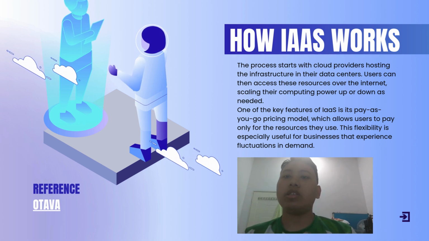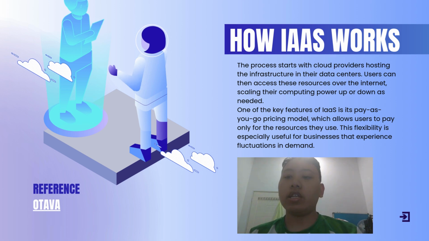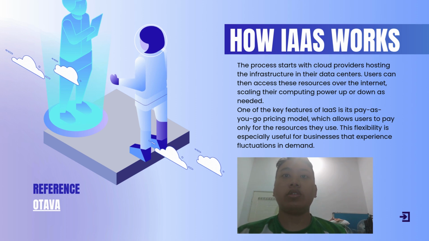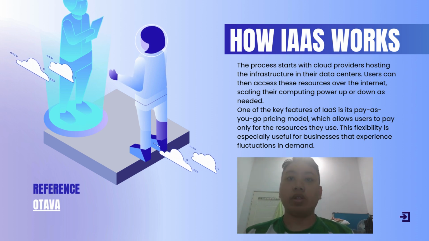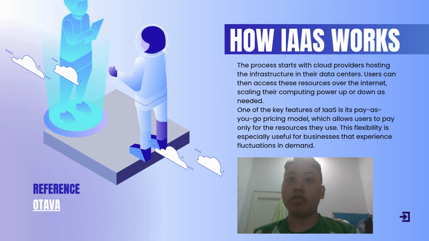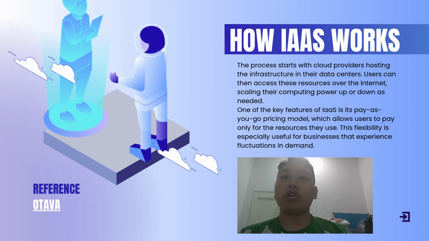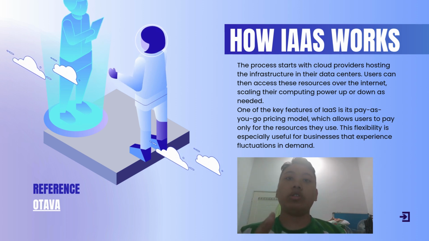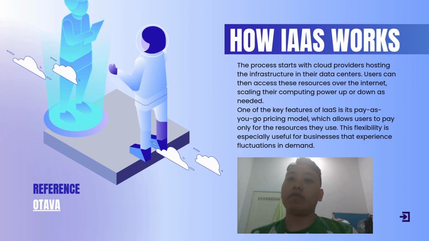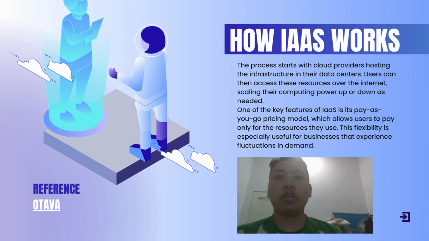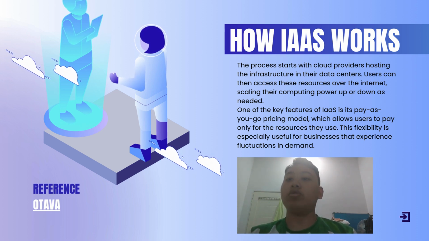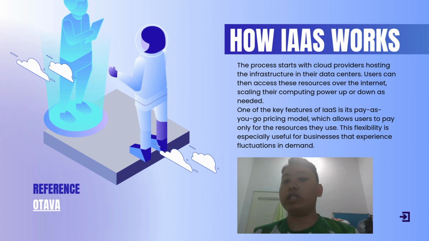The flexibility is especially useful for businesses that experience fluctuations in demand. For example, if a company needs additional servers to handle increased website traffic during a sale event, they can quickly deploy more virtual machines through their cloud provider. Once the demand decreases, they can scale down to save costs. Some well-known IaaS providers include AWS EC2, Microsoft Azure Virtual Machines, and Google Cloud Compute Engine.